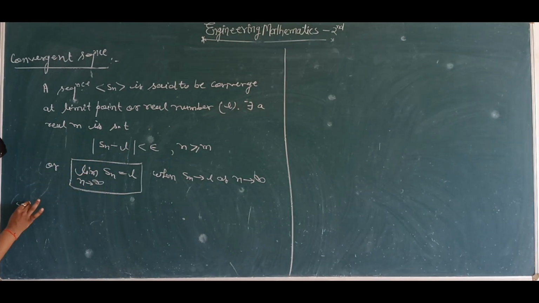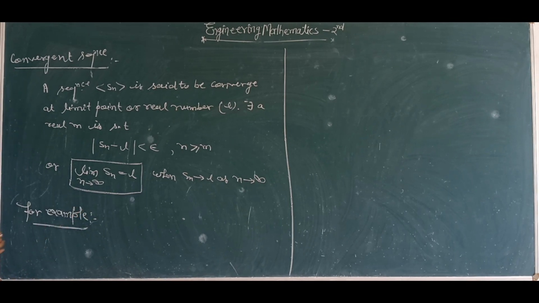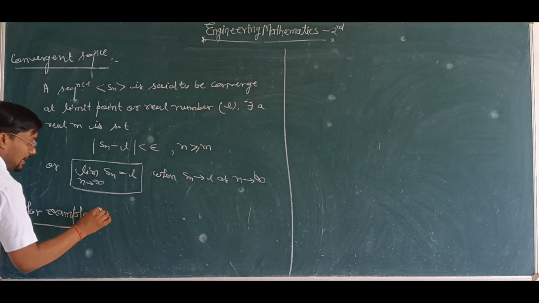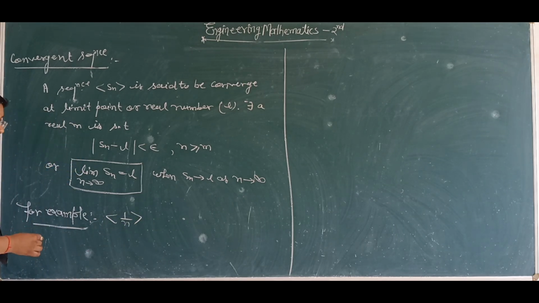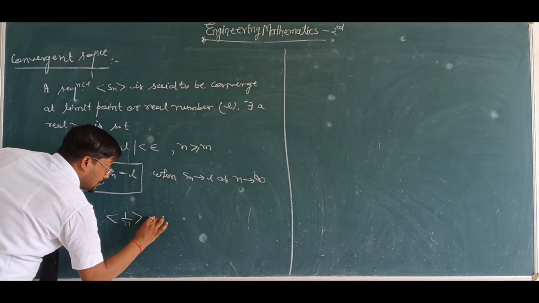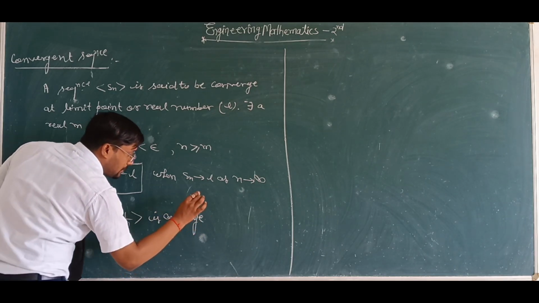For example, you can note down, the sequence 1 upon n is a convergent sequence.